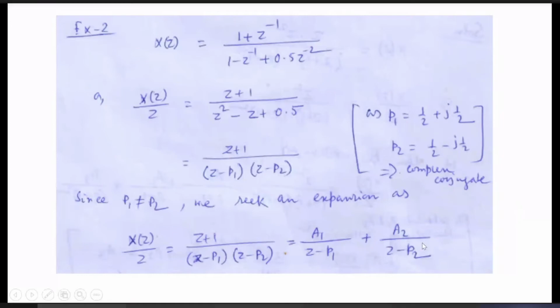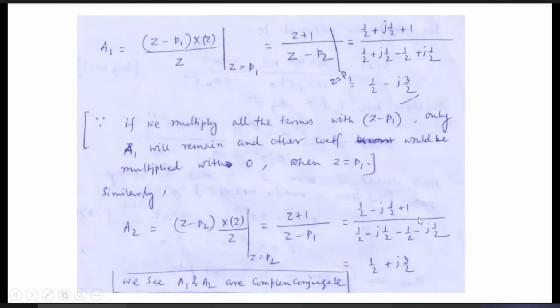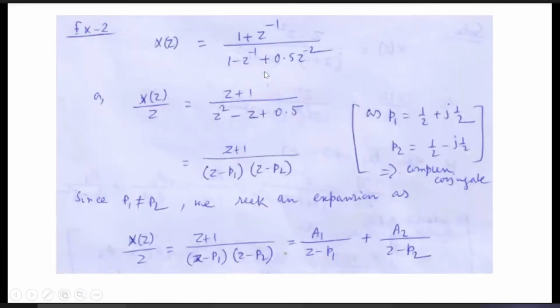A2 is multiplied with z minus p1, so this term will be 0. So we evaluate this at z equal to p1. So we get z plus 1. What is that term? That is z plus 1.